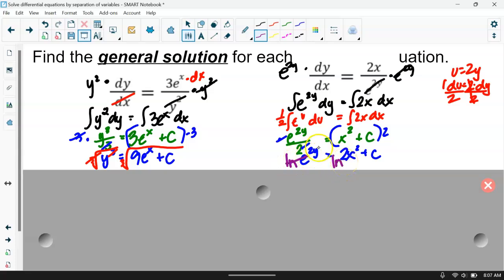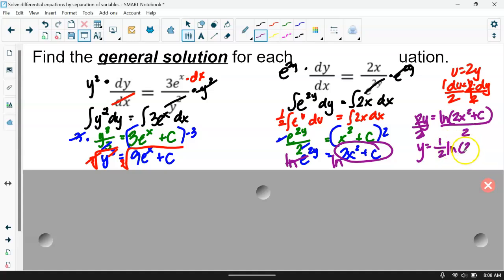That's where we get, sorry, I'm going to bring this over, 2y is equal to the natural log of everything here, 2x squared plus c, because that was all here, so keep the plus c even inside. Now divide by 2. And y is equal to 1/2 times, or you can leave it as your fraction, the natural log of 2x squared plus c.